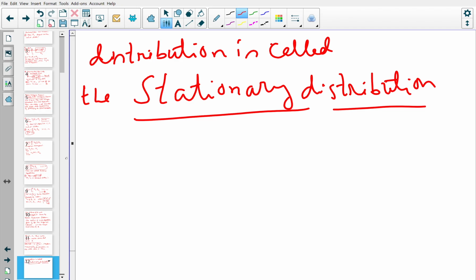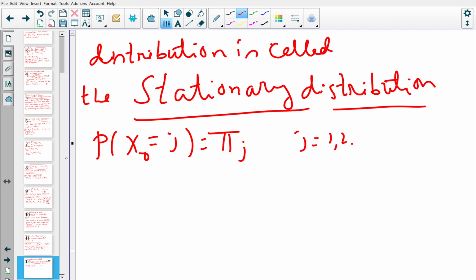Stationary means that if you start with this distribution pi j, you will remain in the same distribution. For example, suppose you start at j with probability pi j, for j equal to 1 to m, and you want to know the probability of the next transition, the probability that X 1 equals j.